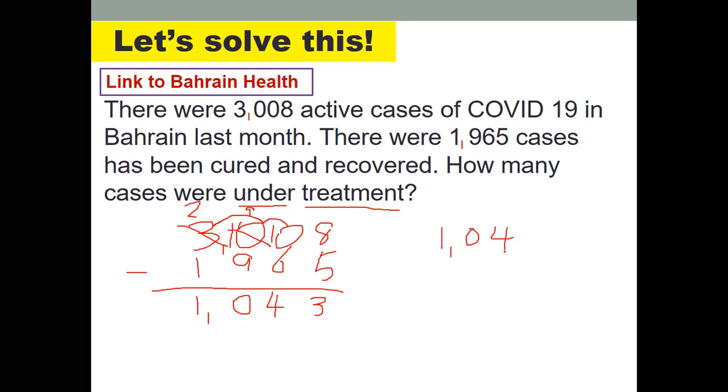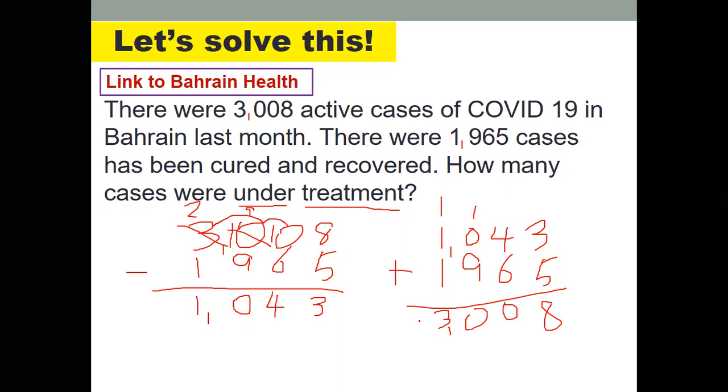Now let's check our answer if it's correct. 1,043 plus 1,965. So we are checking by inverse operation. So let's see if our answer is correct. 8, 10, carry 1, 10, carry 1, 3,000.